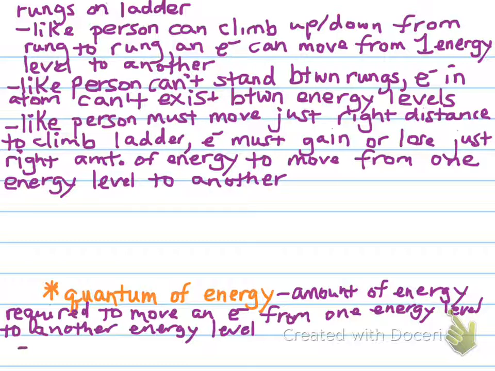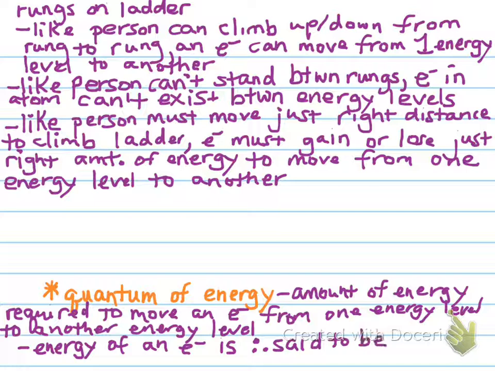And because of this, the energy of an electron is therefore said to be quantized. Which just means that an electron has a specific amount of energy.